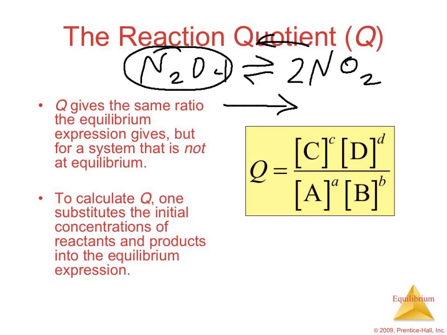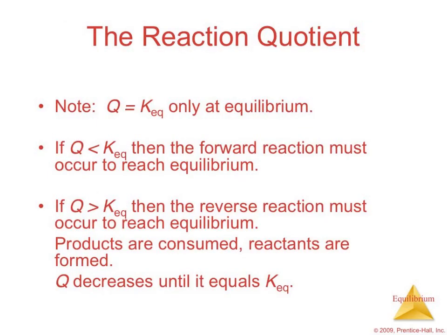For Q, you're using initial concentrations instead of equilibrium concentrations. So you just have to keep that in mind. Q equals K at equilibrium, okay?